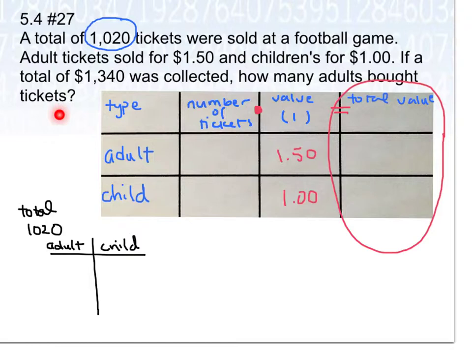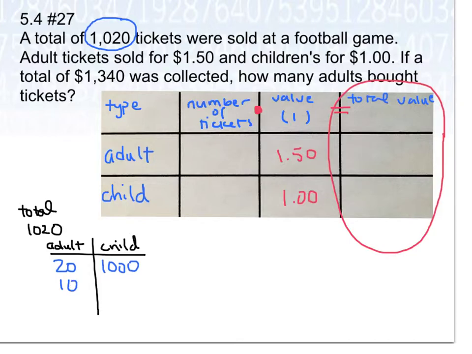So let's suppose that there were 20 adult tickets sold. That would imply that there would be 1,000 children tickets. Let's suppose that there were 10 adult tickets sold.